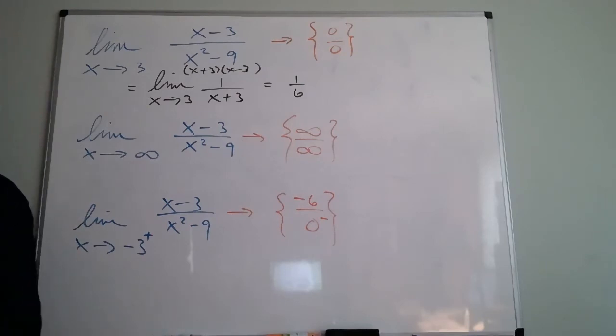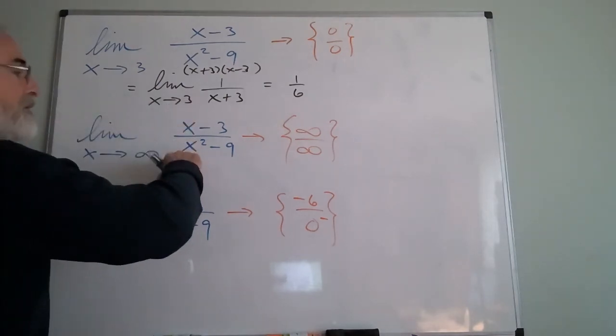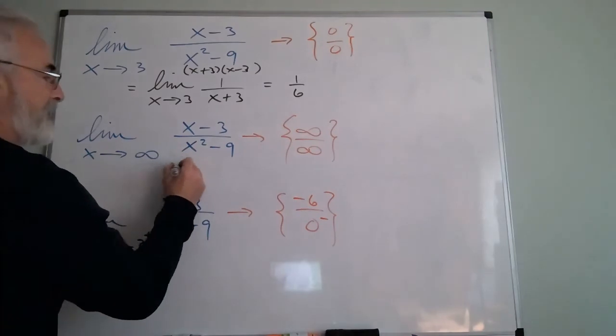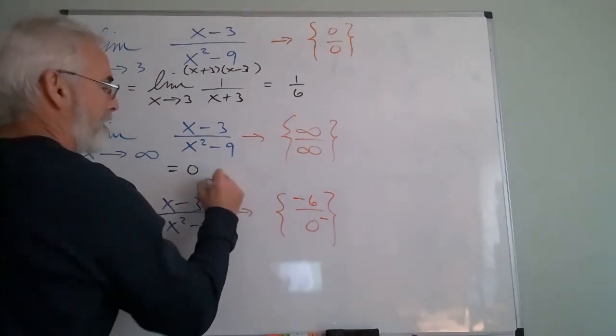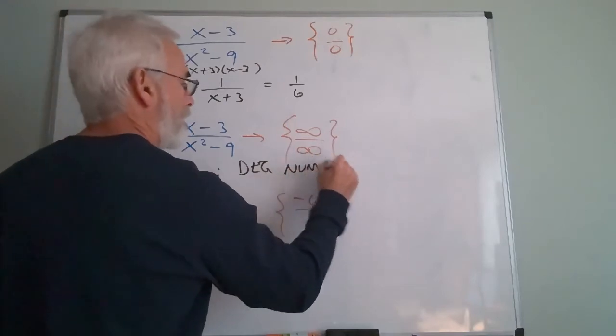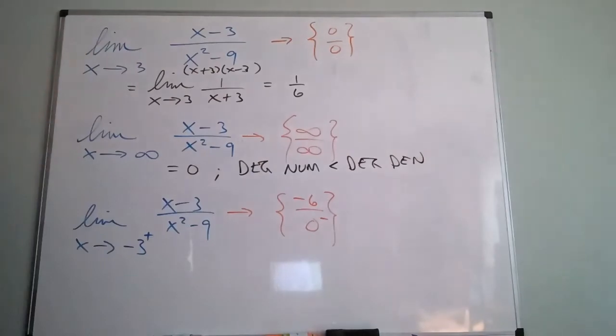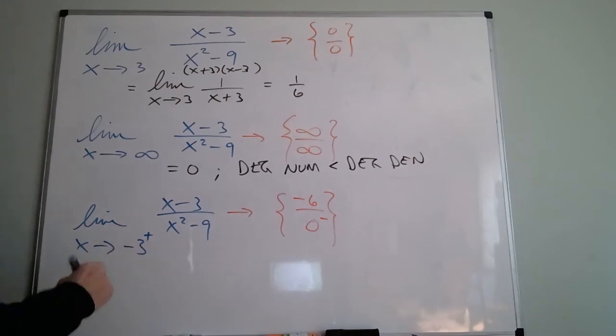In the second problem, I can multiply top and bottom by 1 over x squared, or I can simply use the degree argument. I'm going to use the degree argument. It's easier. The degree of the numerator is smaller than the degree of the denominator. So this is 0. And I'm going to put degree of numerator less than degree of denominator. In the third example, and by the way, if you did the factor and cancel, that would be fine.